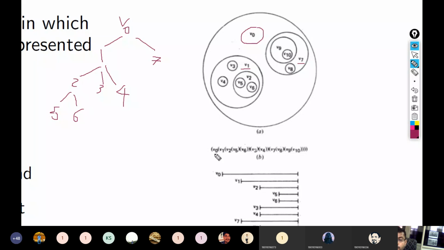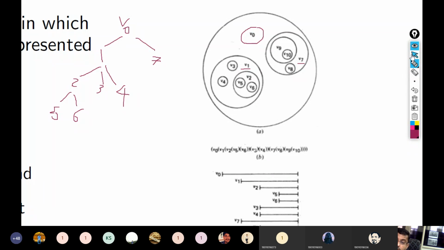V0 is the root, V1 is the first subtree, and V1 has V2 as the subtree, V2 has V5 and V6 as subtree, and now V3 is also the subtree of V1, and V4 is also the subtree of V1. Now the bracket of V1 is over here, and so on, right?